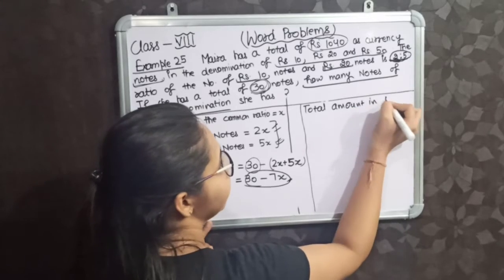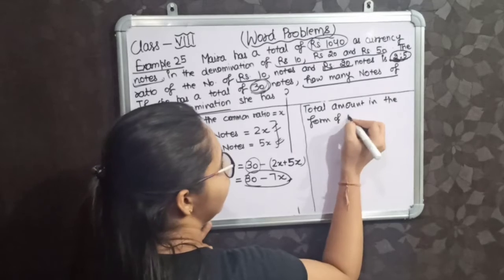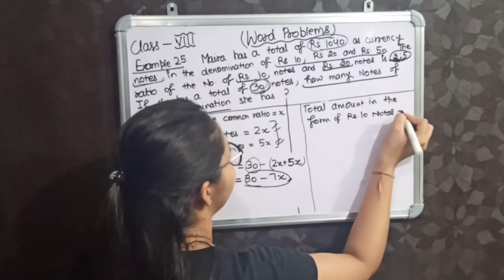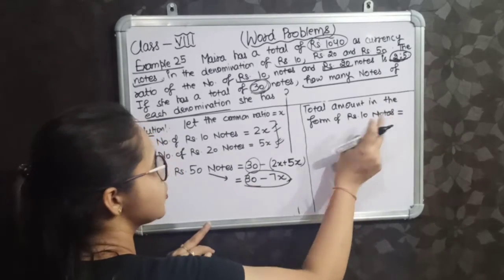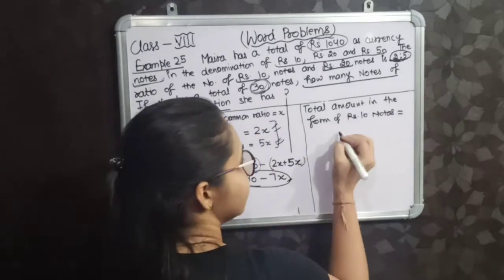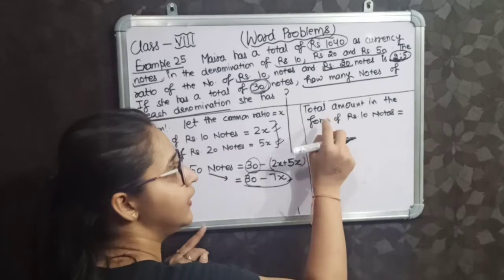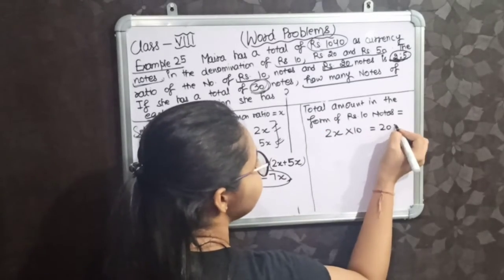The total amount in the form of rupees 10 notes will be, the number of notes is 2x, multiplied by 10. And it will give you 20x.